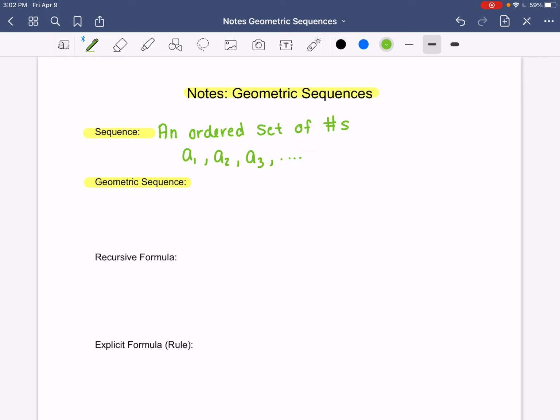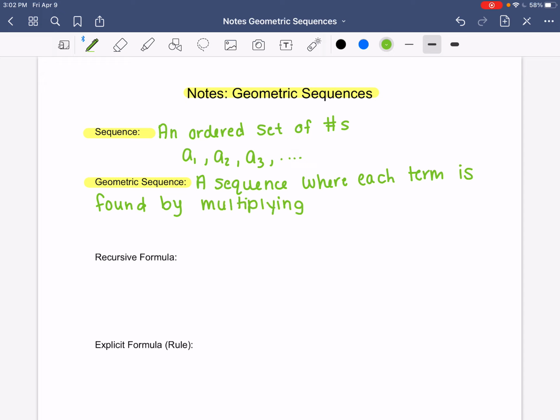A geometric sequence is a sequence where each term is found by multiplying the previous term by a constant.